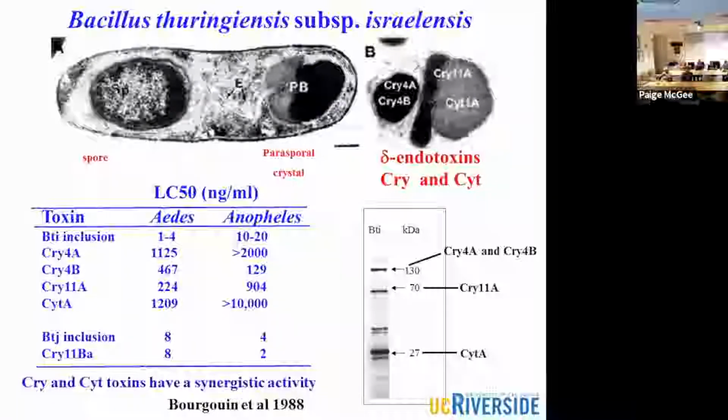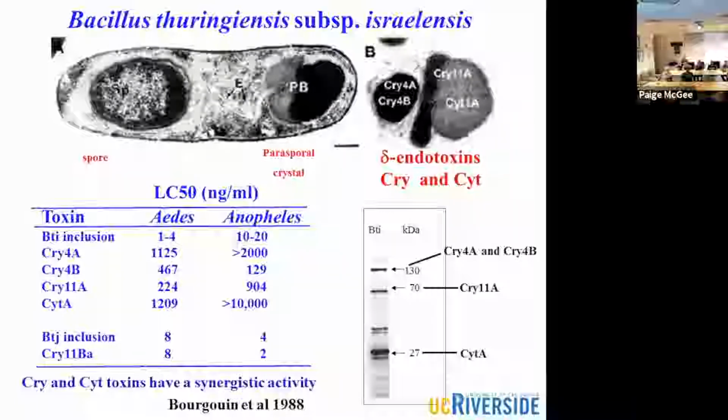One of the features that is important in this particular case, go back to the table, you see on the top, the BTI inclusion itself, if you just look at the table for Aedes, it has a toxicity of about 4 nanograms per ml. But if you look at each of the individual proteins, 4A, 4B, 11A, and Cyt1A, none of them have the activity that is present in the inclusion together. So all of these toxins collectively contribute and also have synergistic activity that contributes to increased activity of the inclusion itself.